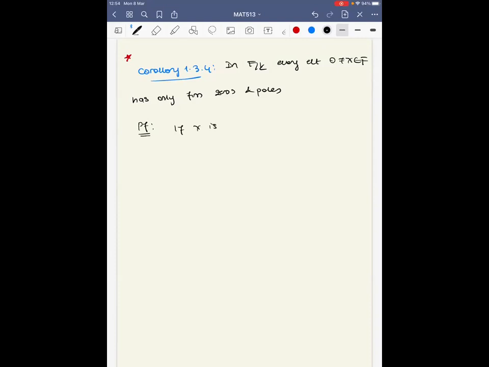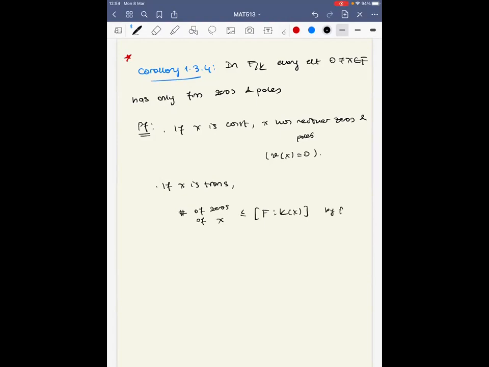Because if x is constant, it has neither zeros nor poles, because for all valuations v of x will be 0. And if x is transcendental, by proposition 113, we have seen that the number of zeros is bounded above by the extension degree of the function field, which is finite.